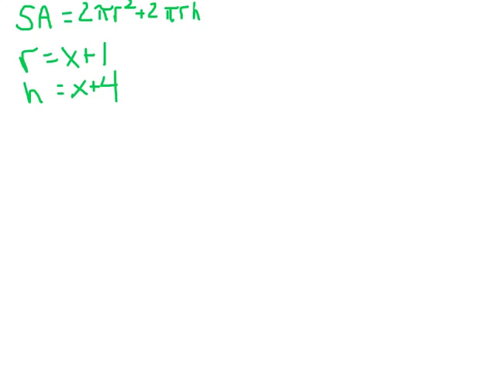We're given a cylinder with a radius of x plus 1 and a height of x plus 4. And we need to find its surface area. So we're going to use the formula 2 pi r squared plus 2 pi r h. So that means we're going to do 2 pi times our radius squared, so x plus 1 times x plus 1.